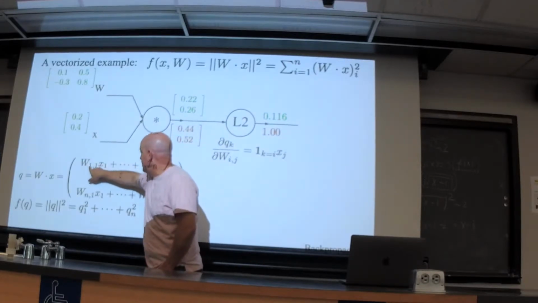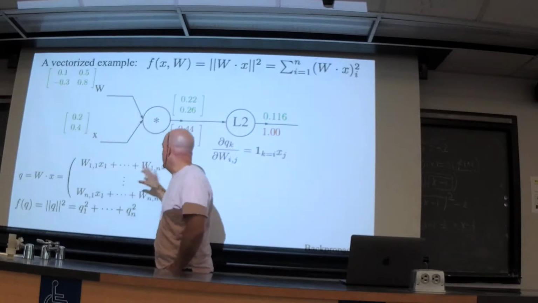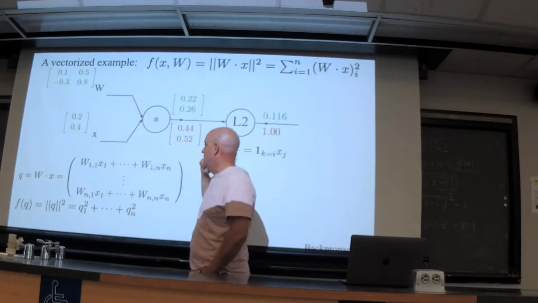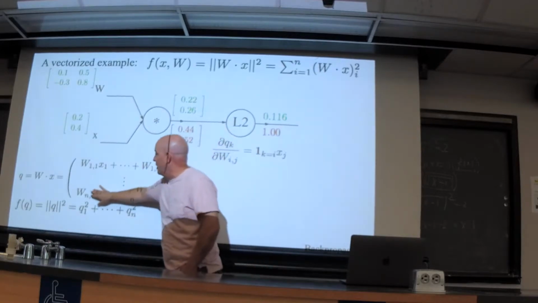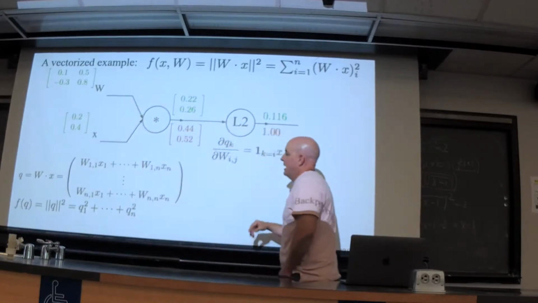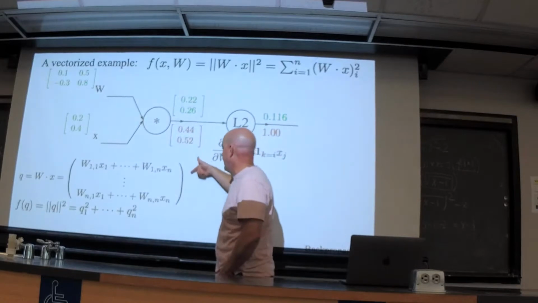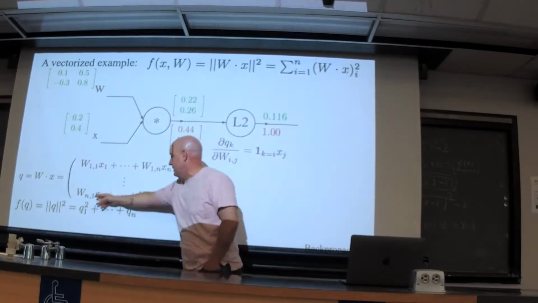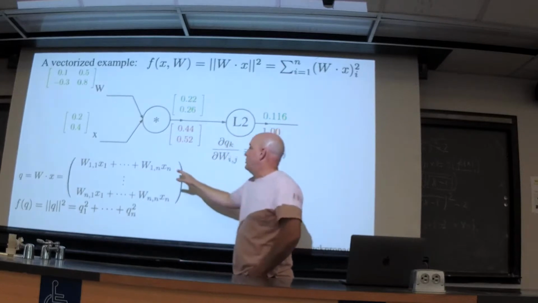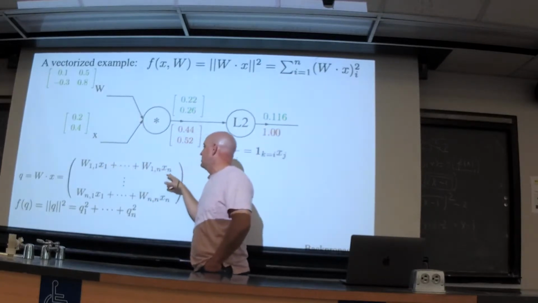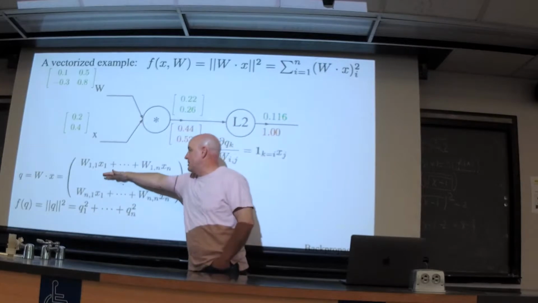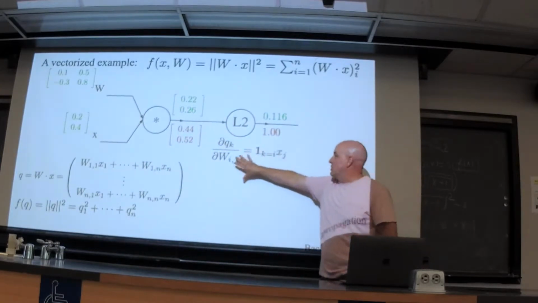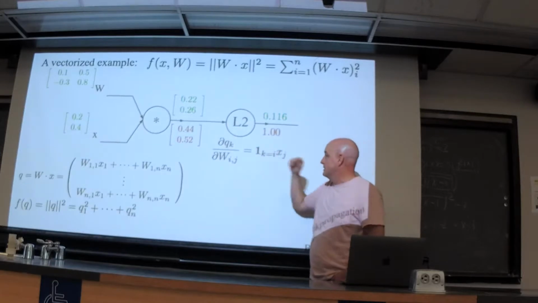So if this is Q1, then whenever W is in row 1, we expect there to be some kind of contribution to that gradient. But if we're in a different row than Q1, then we don't expect there to be any contribution from these entries, right? So only the parameters in the first row contribute to Q1, only the parameters in the second row contribute to Q2, and so forth, right? And what we're trying to do is indicate that here.